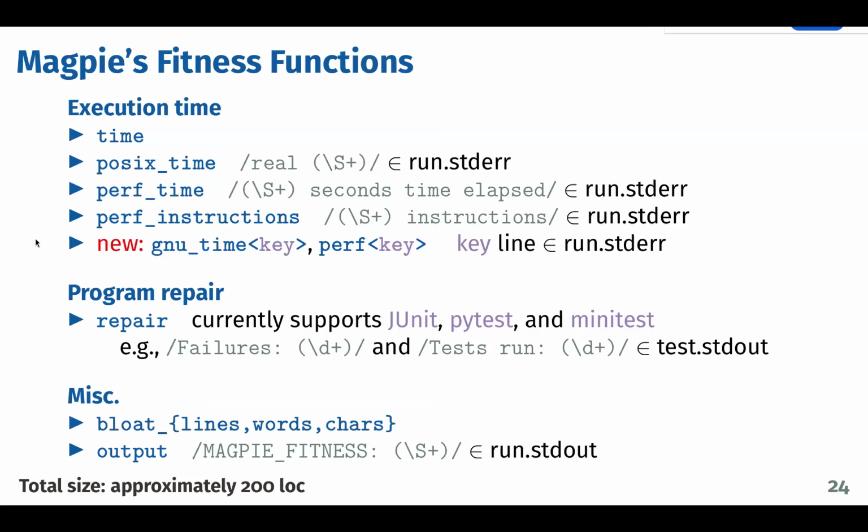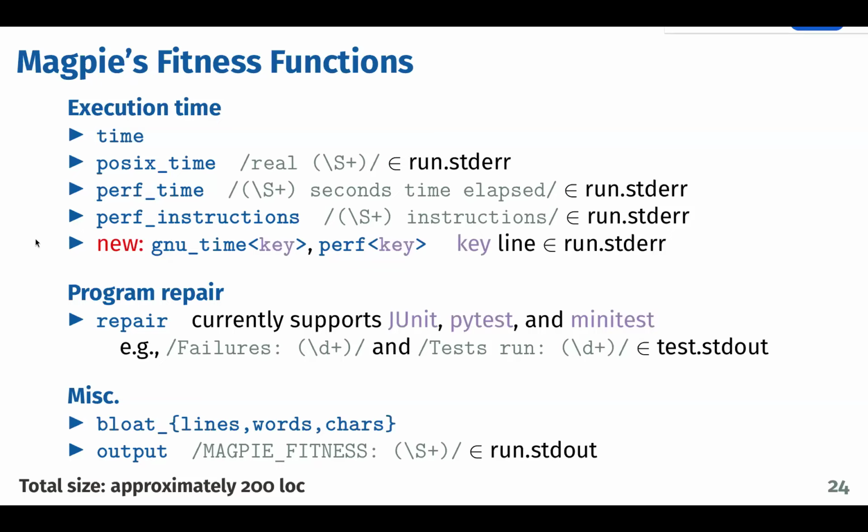So the first time is simply a stopwatch in Python. I start a stopwatch, I execute the command, and I stop the stopwatch. It works. It's native in Python. It will give you an execution time, but it will be very noisy. POSIX time is if you have something which is POSIX compatible. So if you have the user bin time with POSIX, it will write in your standard output real, sometimes user, sometimes system, and sometimes time.